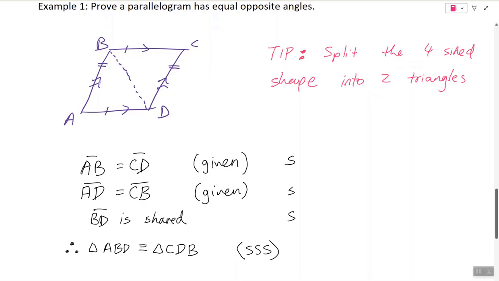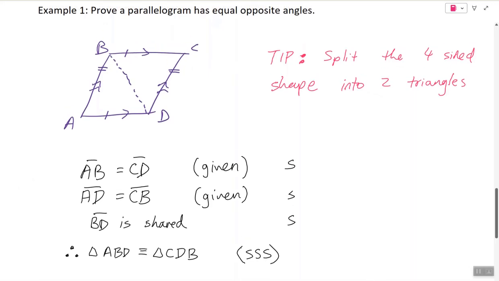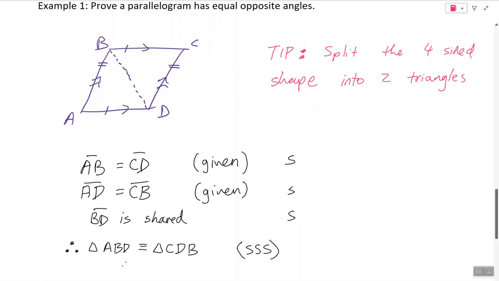Okay, we've proved that those two triangles are congruent. So what does that show? Therefore, the angles are the same, so therefore angle A is equal to angle C.